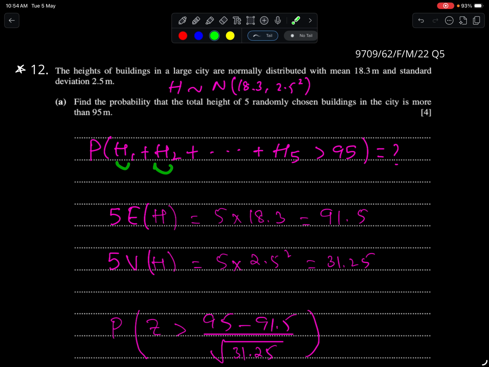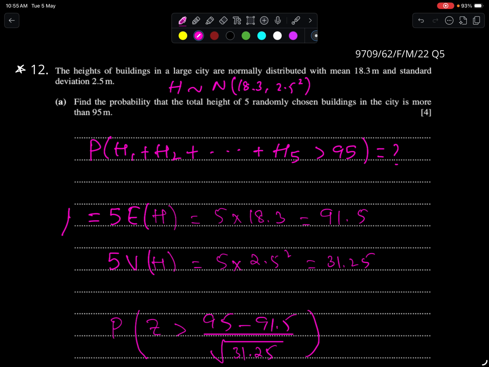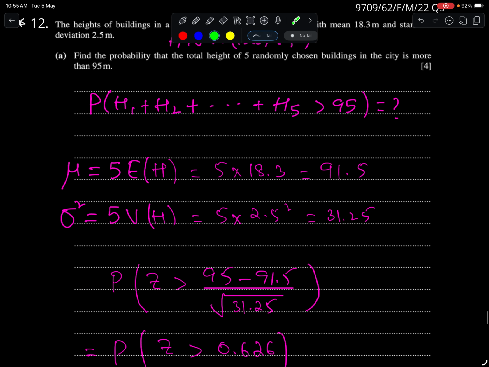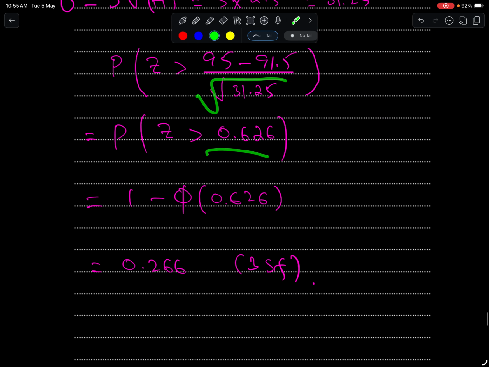So H1 plus H2 up to H5 is greater than 95. When we find the mean of H1 to H5, we need to write 5E(H), and the variance is 5V(H). Now write 95, the mean is here and the standard deviation is here. This is the variance, take the square root of this. So this is 1 minus phi, a small area.